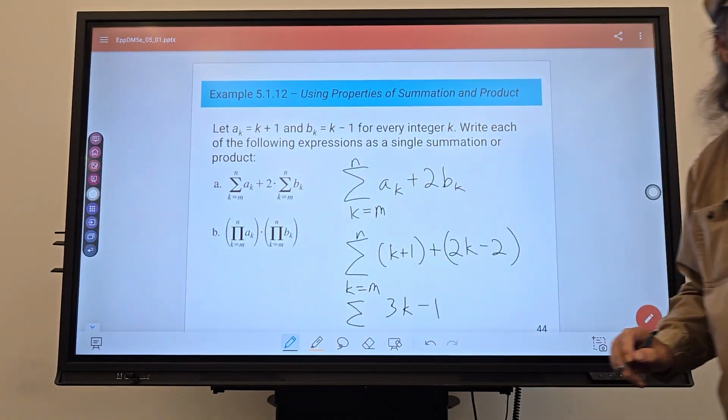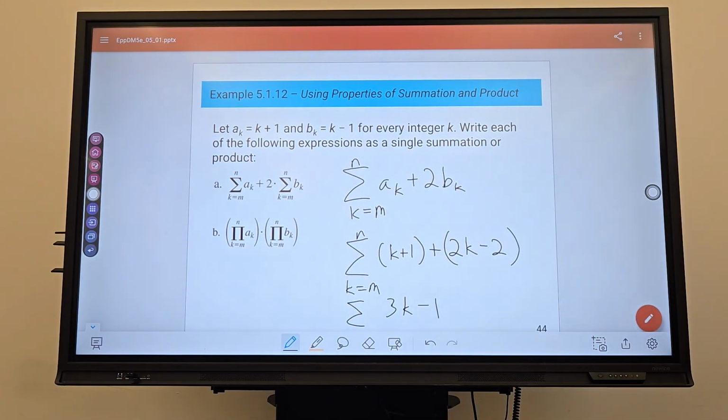Does that seem right? k from m to n. Did I screw up somewhere?